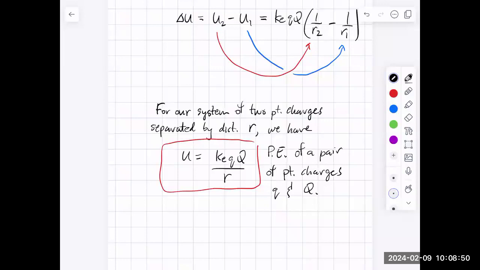And then we said, well, another way to look at that is to imagine we take one charge, put it in some position, and it establishes an electric field in that region of space. And then we introduce a second charge. One way to think about this is that the force on the second charge is due to the electric field that was established by the first.